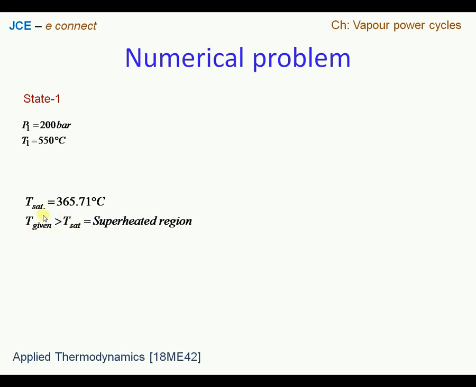Therefore, according to our guidelines, this satisfies the criterion, so the phase is superheated. Therefore we have to refer to the superheated tables, and for a pressure of 200 bar and a temperature of 550 degrees Celsius, we have to make a note of the enthalpy. Now let us refer to the superheated tables corresponding to this data.